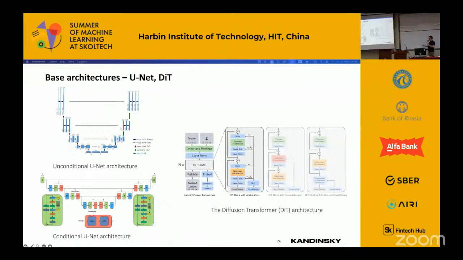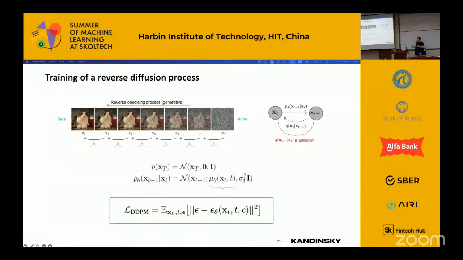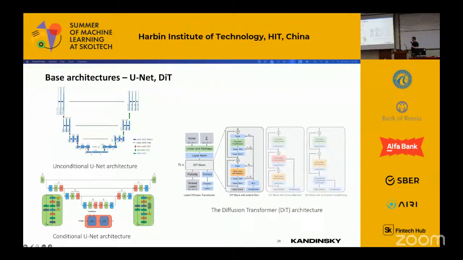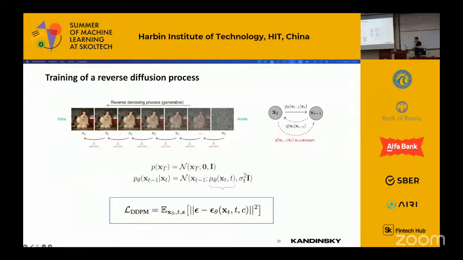UNet and convolutions do not scale so well. Transformers scale better. That's the main reason why diffusion transformers are now a much more preferable architecture, and a lot of works use diffusion transformers compared to UNet.